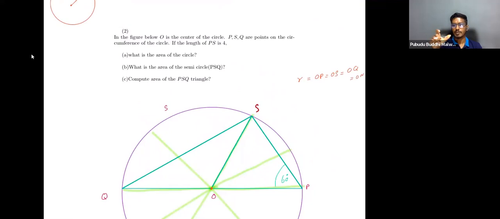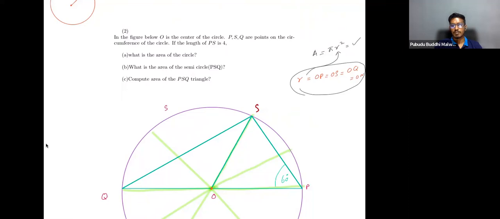If you can compute this length, then you will be able to compute the area, because that's a very simple formula, pi r square. So the idea is to initially compute this radius, then substitute that radius here. Then that's your answer.